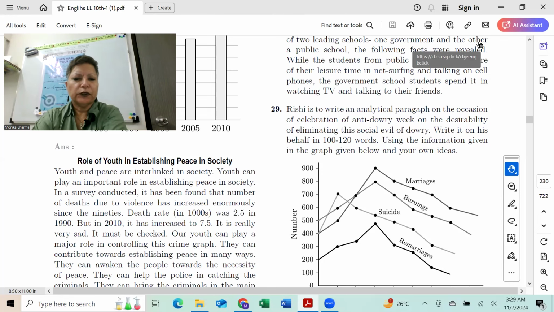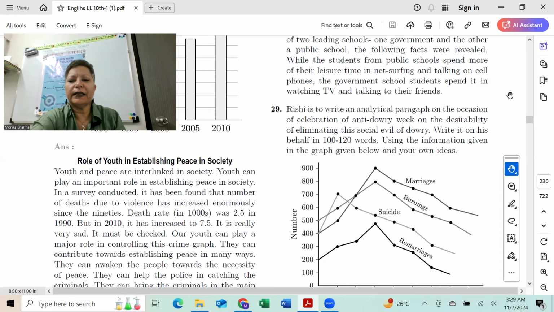For example, I just wanted to show you this line graph in which there are multiple such things. Rishi is to write an analytical paragraph on the occasion of celebration of Anti-Dowry Week on the desirability of eliminating the social evil of dowry. Write it on his behalf in 120 words using the information given in the graph below.